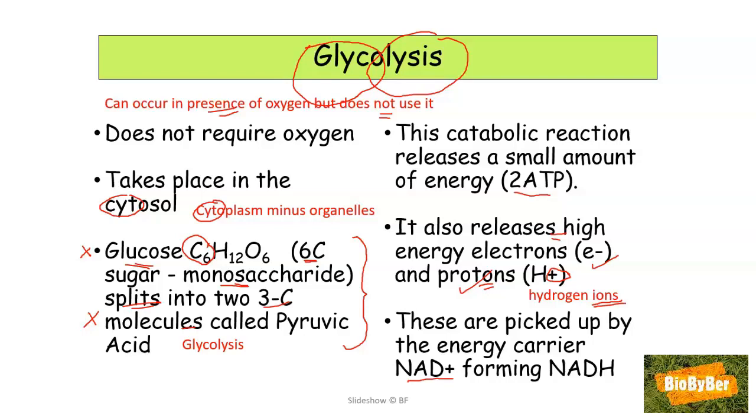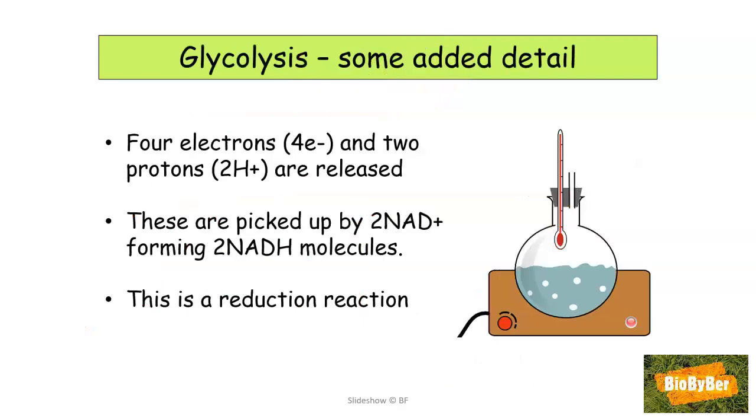If it is taking place in a muscle cell, for example, then lactic acid fermentation will take place. If it is occurring in a yeast cell, then ethanol fermentation will take place. Now, are there any other points that could be included in a detailed account of anaerobic respiration?